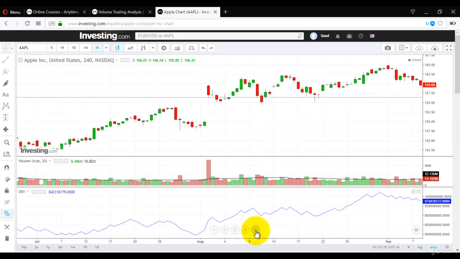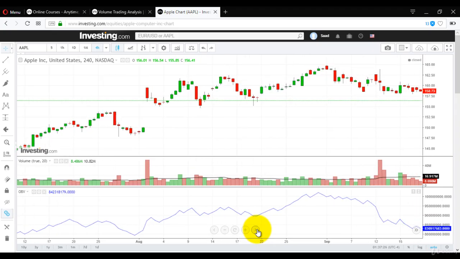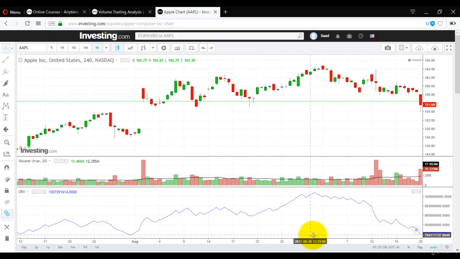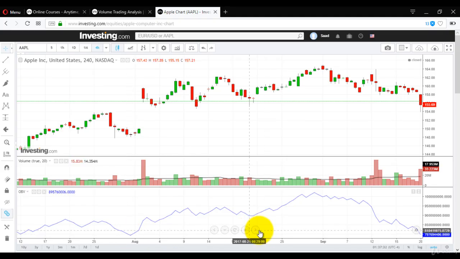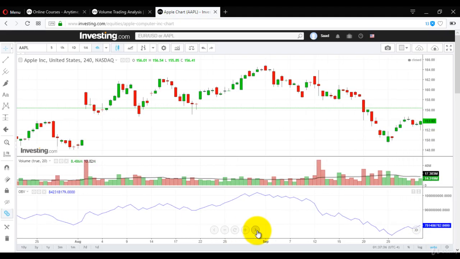Now let's see what happens next. It eventually falls off and breaks this low, the major lows. Bad. It's going down. This is the next big low, this low. It has now broken that.